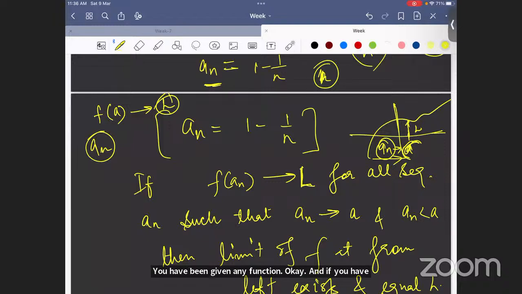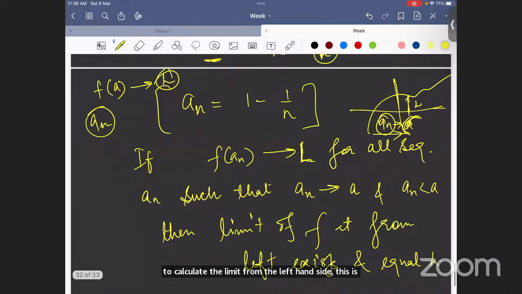If it is confusing you, this simply says that you have some sequence, and that sequence is limiting to some value a, coming from the left hand side because an is always less than a, and you have to calculate the limit at that particular point. So you'll be able to calculate the left hand limit for that particular point.